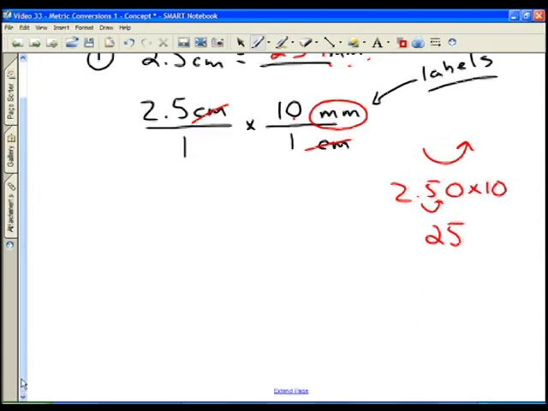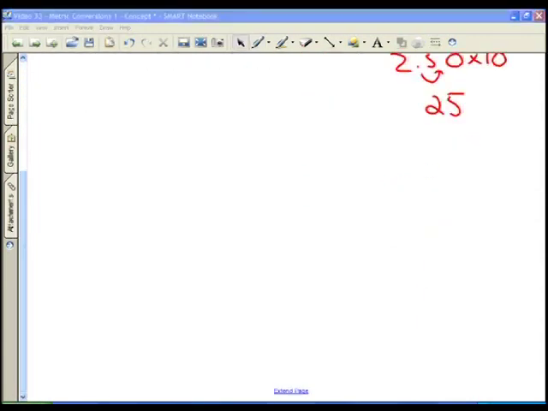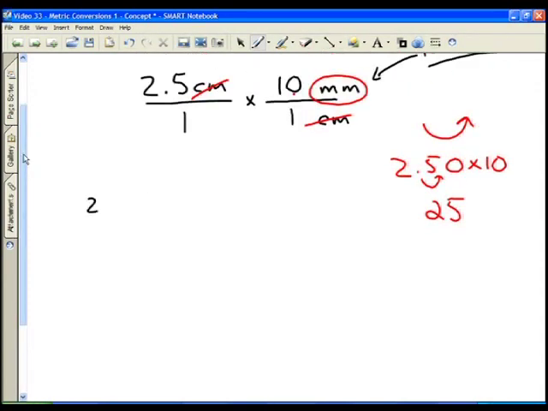If we take a look at another example, we have something like 300 millimeters, let's say, and we want to convert 300 millimeters into meters.